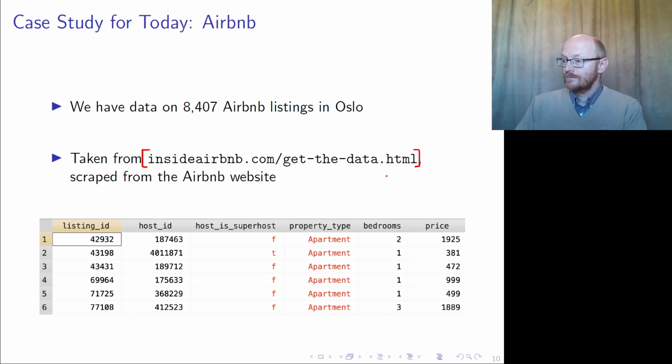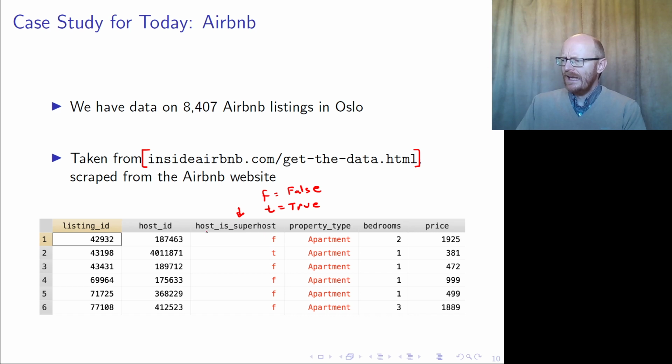So you have the listing ID. This is kind of the room or the apartment, and you have a host ID, because one host might have several apartments, and whether or not the host is a superhost, and here f equals false and t equals true.